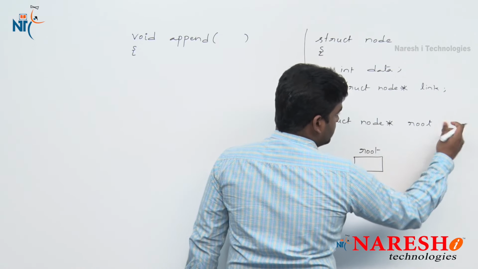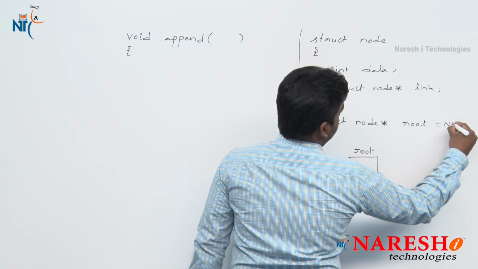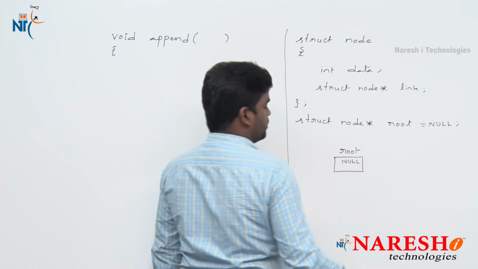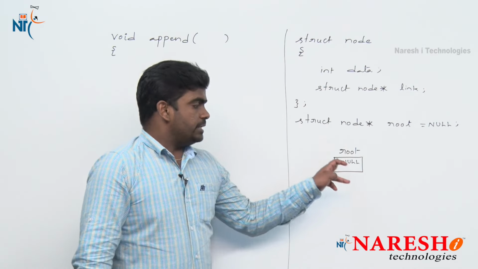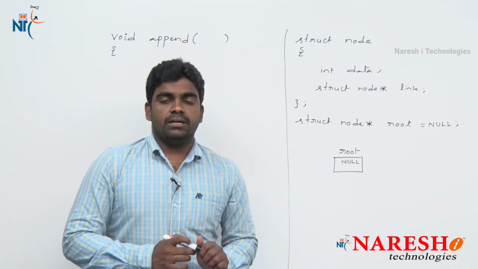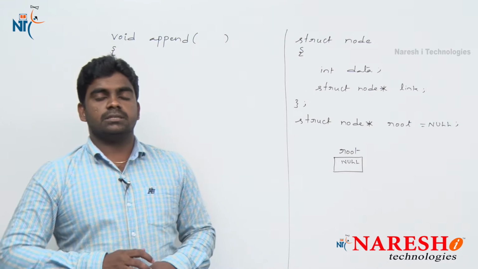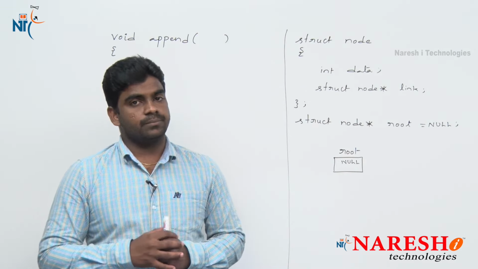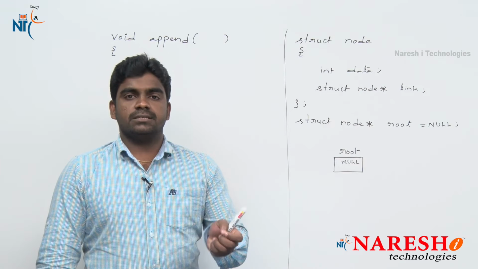For a global variable, the default value is null. More clearly, if you want to assign, you can assign the value null. The root value is initially null, which represents that the linked list does not have elements yet. So now we are inserting the elements.